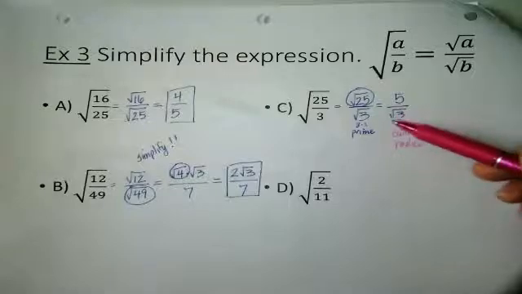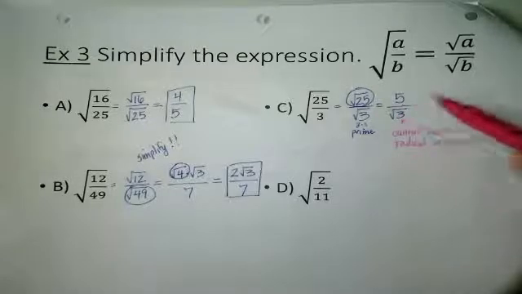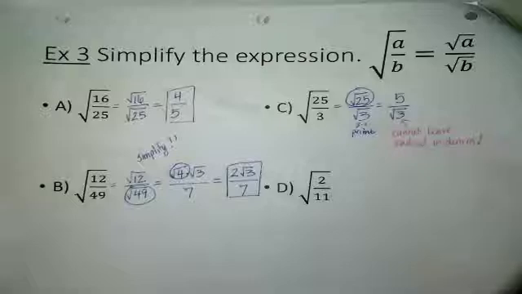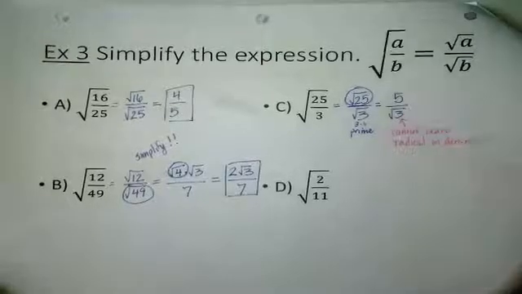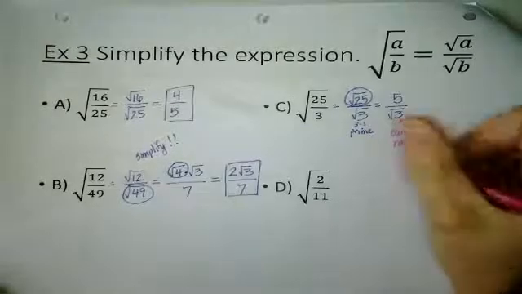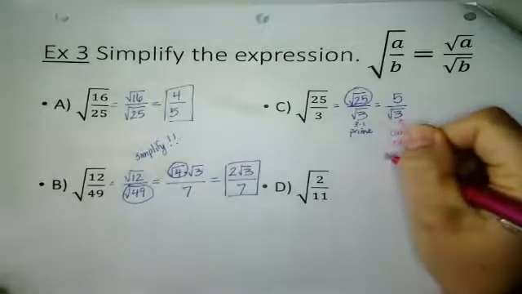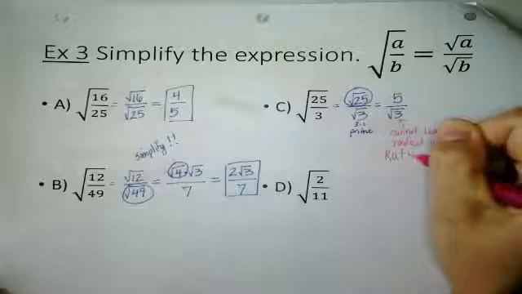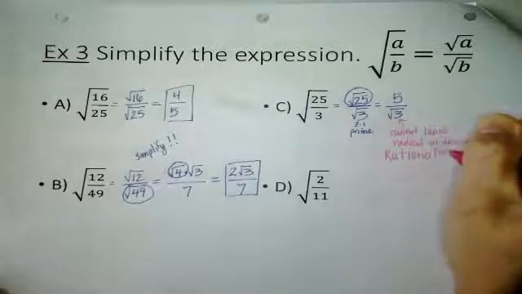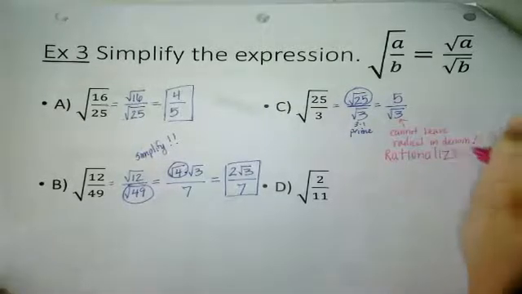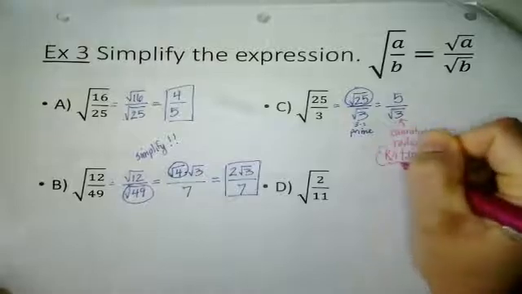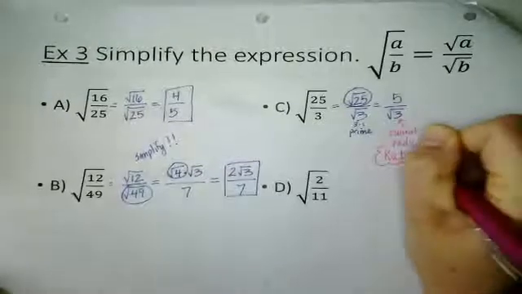And you can get a decimal approximation, but then dividing those is really, really hard. So we don't like radicals in the denominator. So what we need to do is a method called rationalizing. Rationalize, that's what it's called.